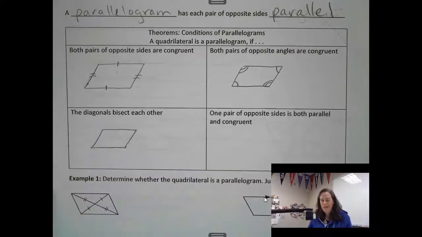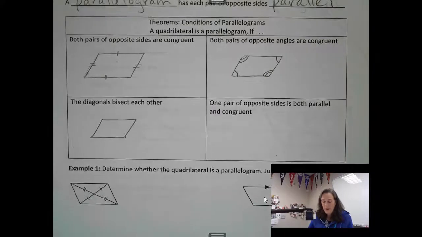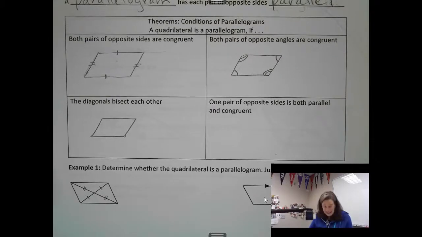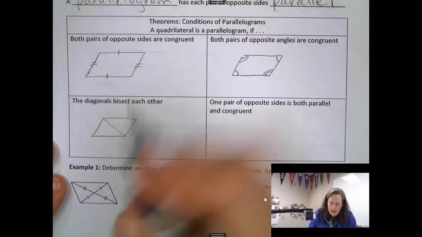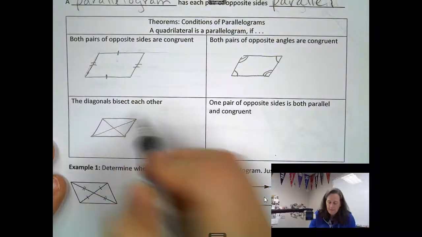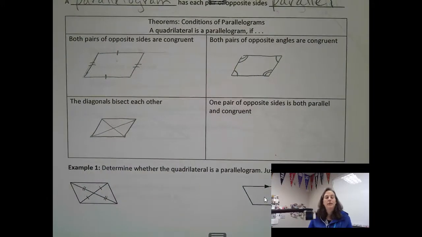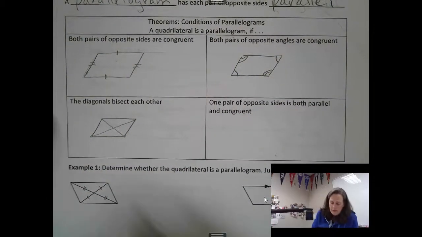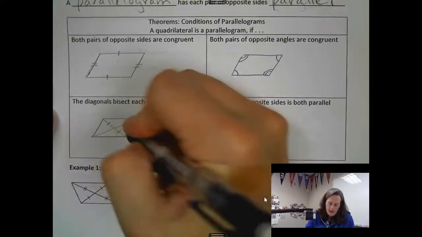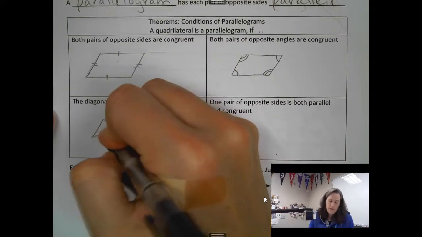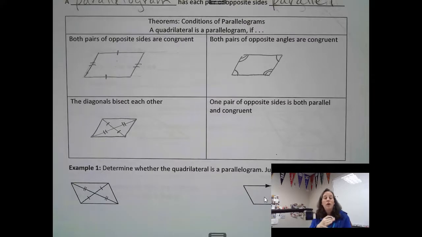We went over this in the last section. The diagonals bisect each other. So if I draw the diagonal and the other diagonal, then we've exactly cut those two lines in half. So this little piece is congruent to this piece, and this piece will be congruent to this piece. So by drawing both of them, you're cutting each one of them exactly in half.